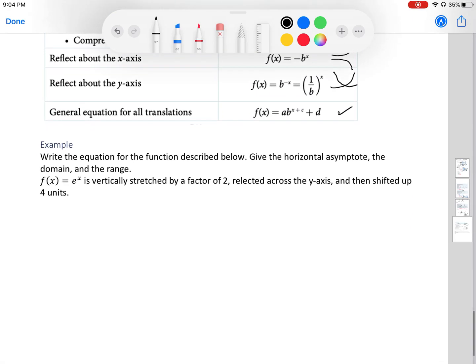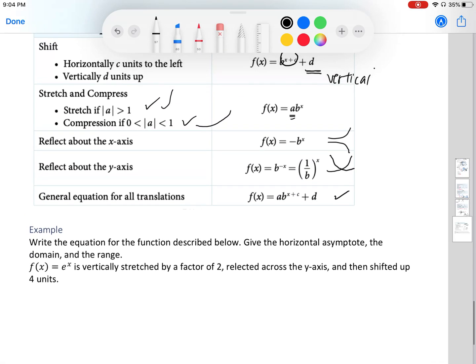So let's do one more example using our shifts above. Write an equation of the function described below. Give a horizontal asymptote, the domain, and the range. f of x equals e to the x. It's vertically stretched by a factor of 2, reflected over the y-axis, and then shifted up 4 units. So shifted up is probably my favorite.